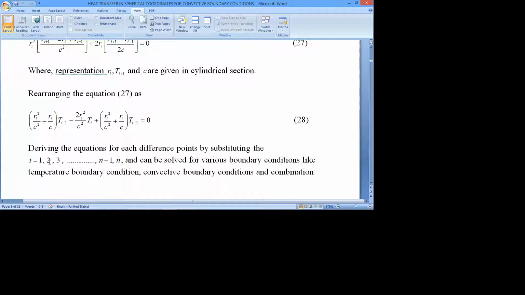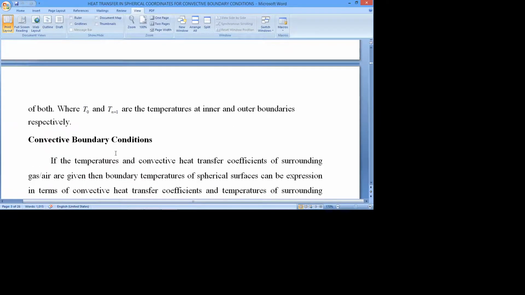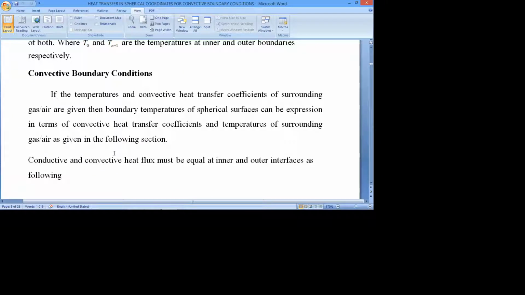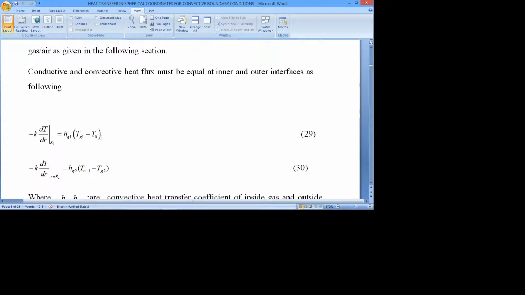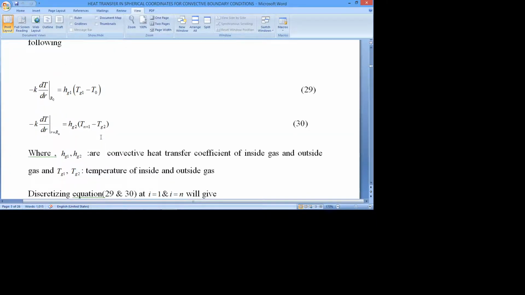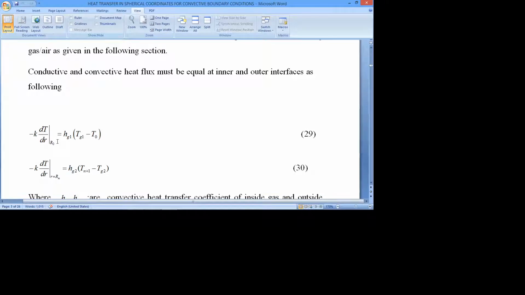So i can be changed from 1 to n for any boundary condition: temperature boundary condition, convective boundary condition, or a combination of both. Now we want to solve it for convective boundary conditions, where we know the convective heat transfer coefficients on the inner and outer surfaces. In such a case, we can balance the fluxes at the boundaries.